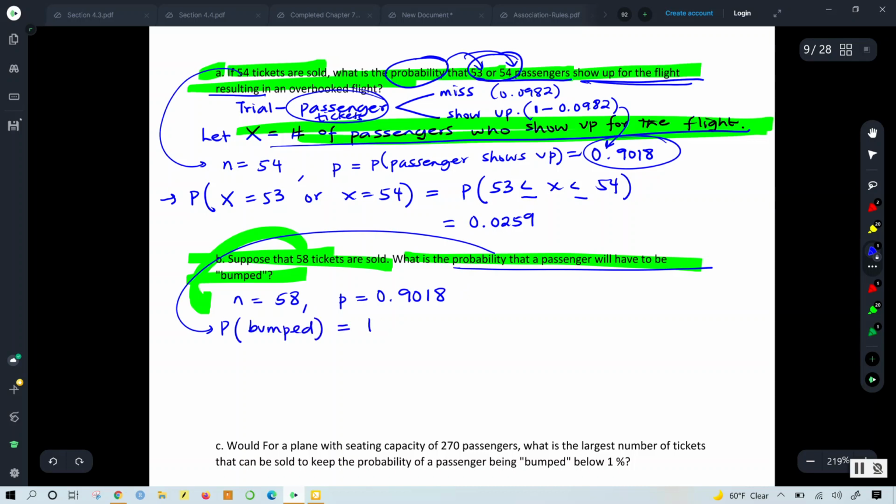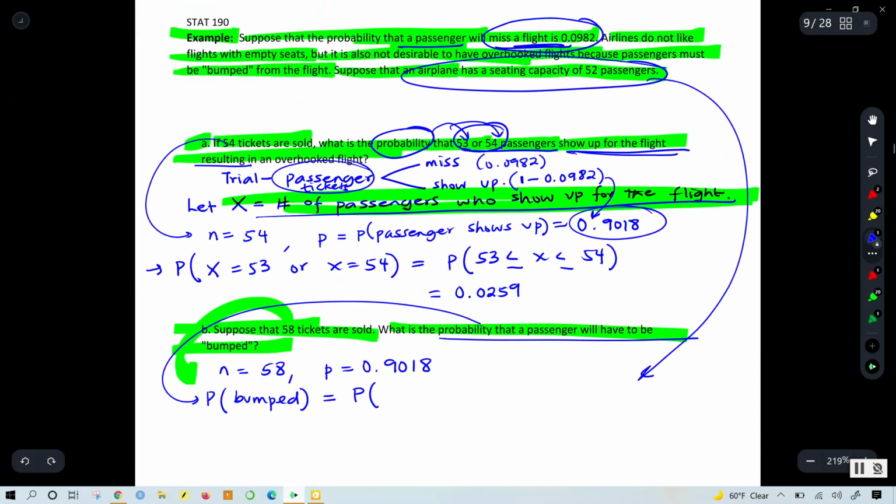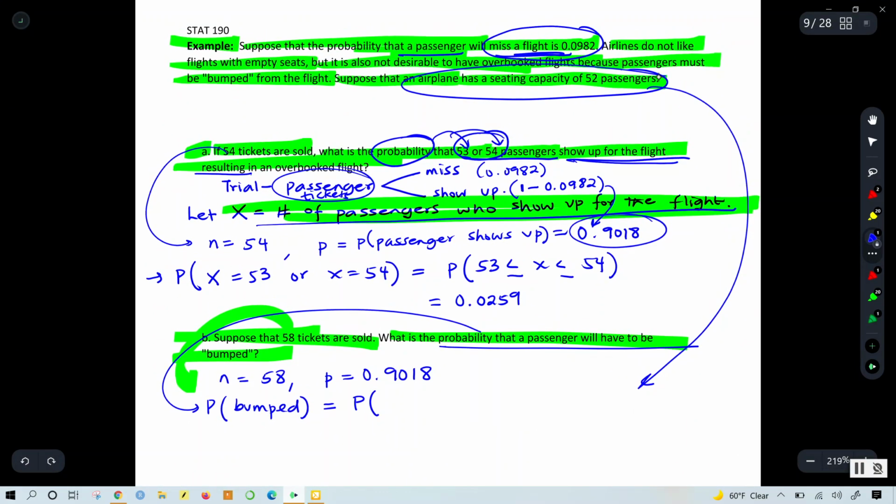Since the airline has a seating capacity of 52 passengers, an instance of bumping will occur if we have more than 52 passengers. So that will be the realization that x, the number who show up for the flight, is definitely greater than 52.